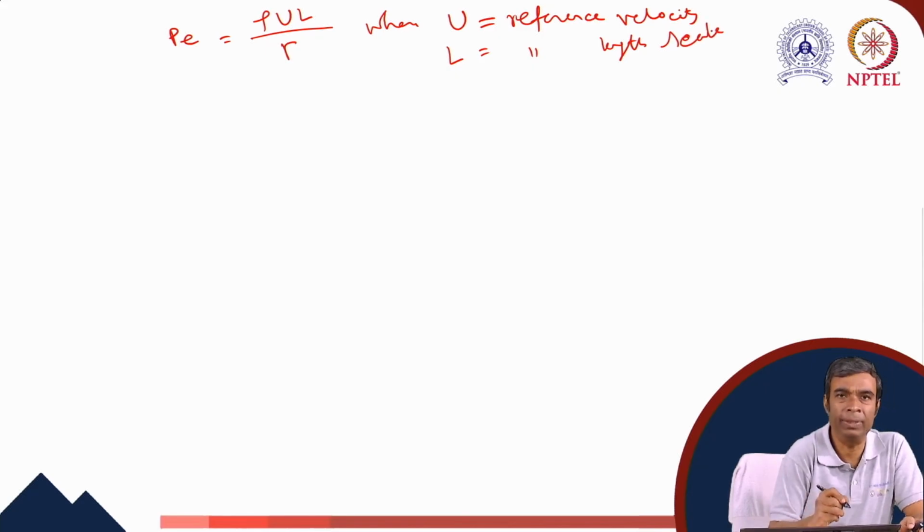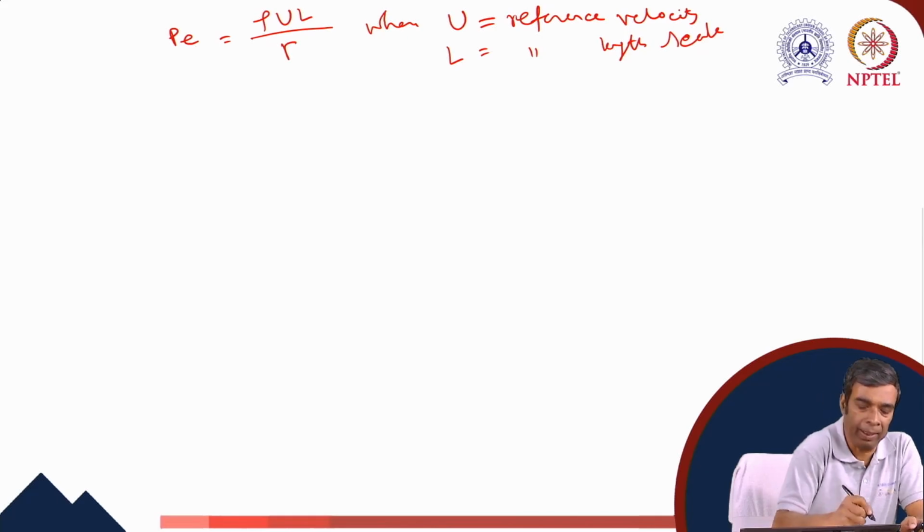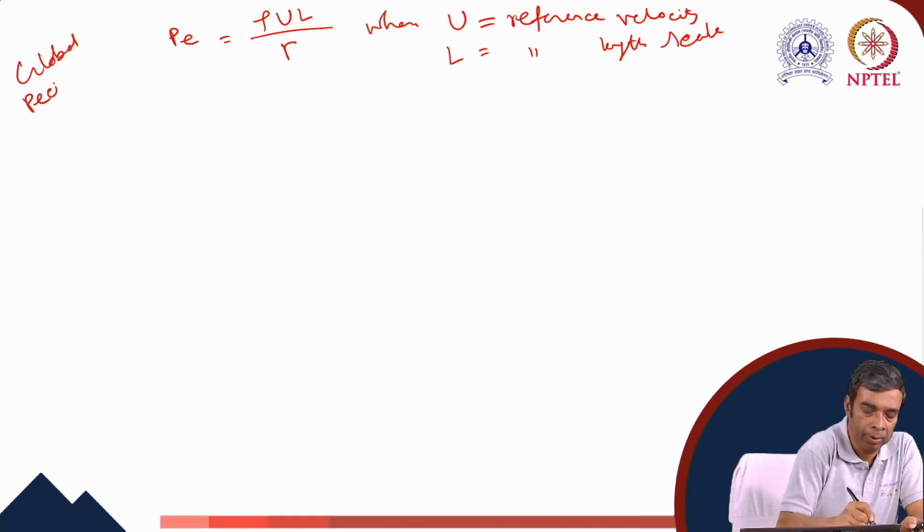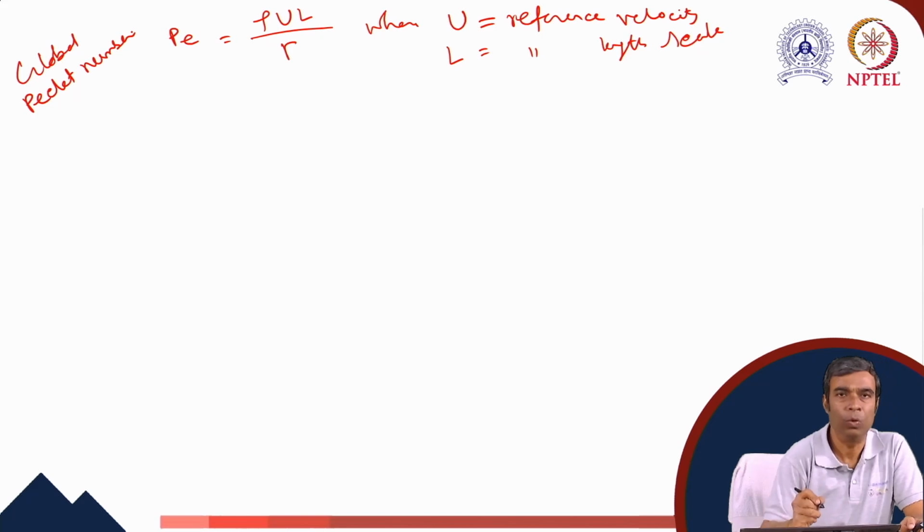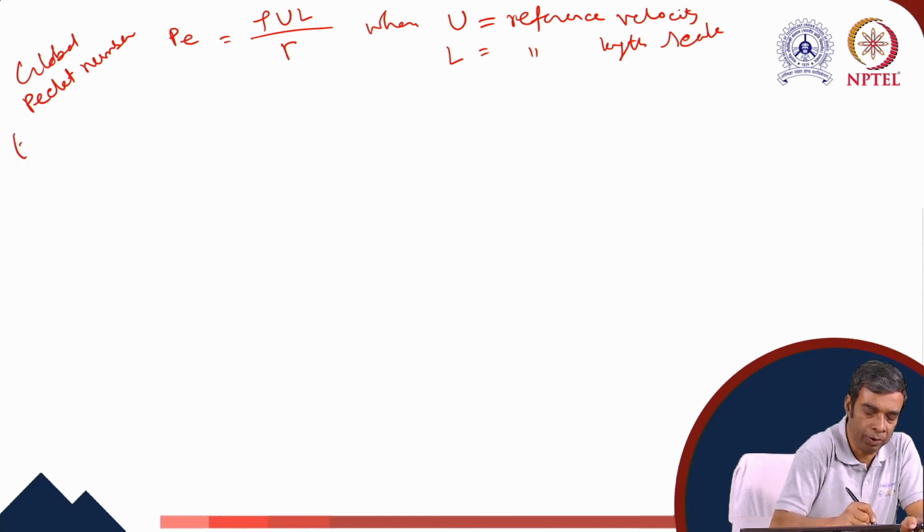So this representation of Peclet number is for the global Peclet number, which is a constant, which is not a function of coordinates.